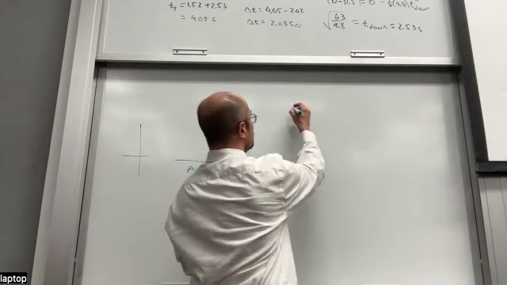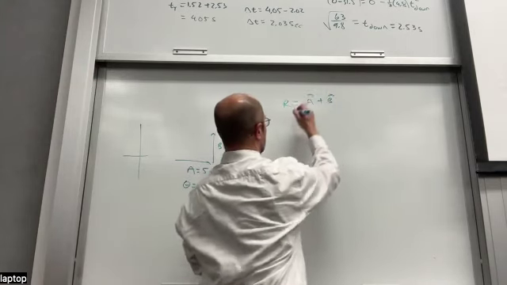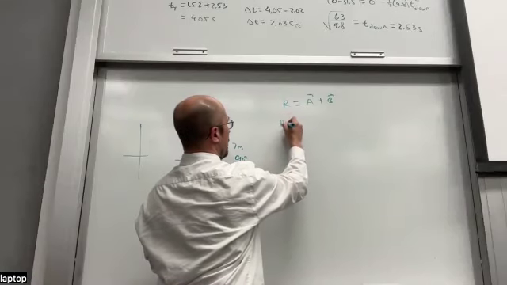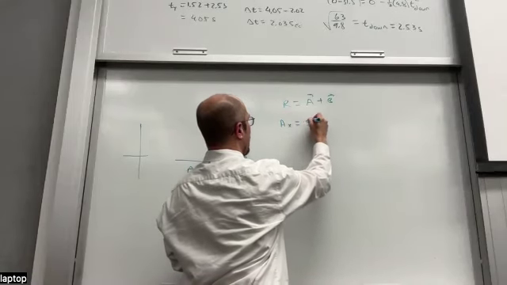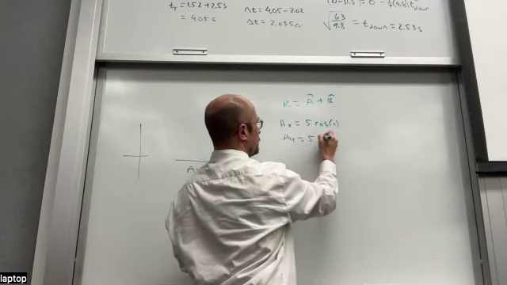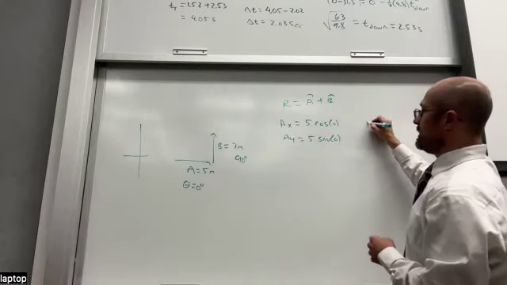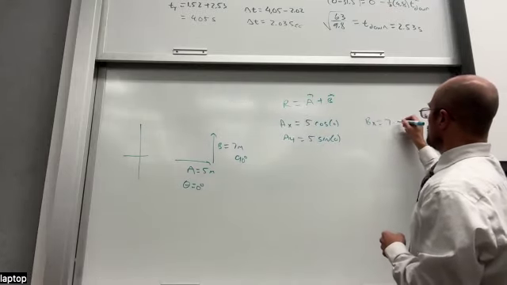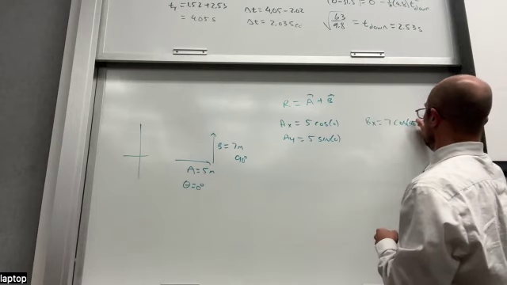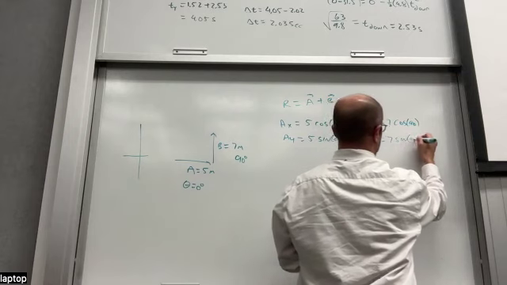So your result is vector A plus vector B, where AX is 5 cosine of 0, AY is 5 sine of 0. You can repeat this for B: BX is 7 cosine of 90, and BY is 7 sine of 90.